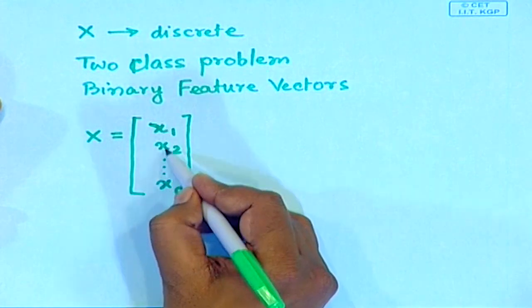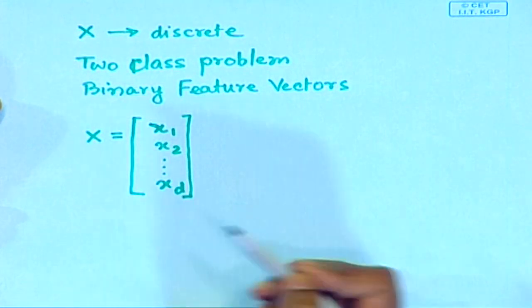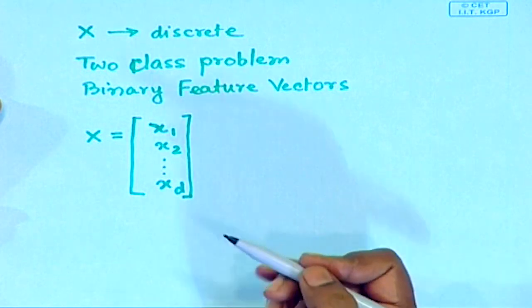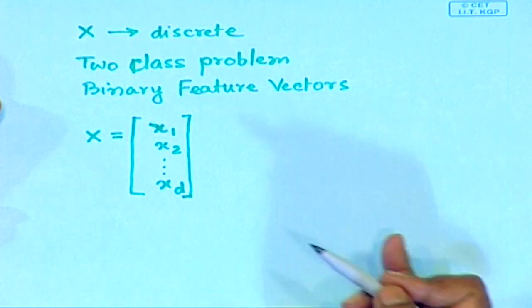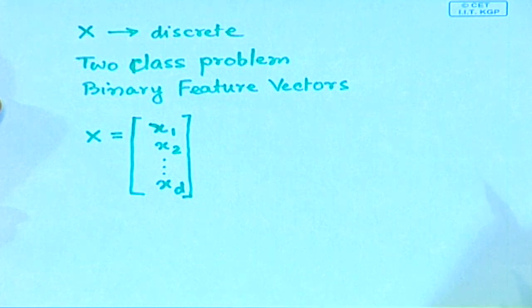Every component of the feature vector can assume either a value equal to 0 or a value equal to 1. That means that if a feature vector is taken from a particular class, it will say whether a particular feature is present or it is absent.